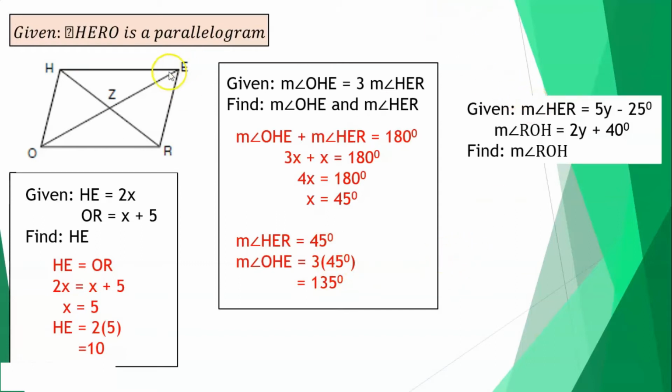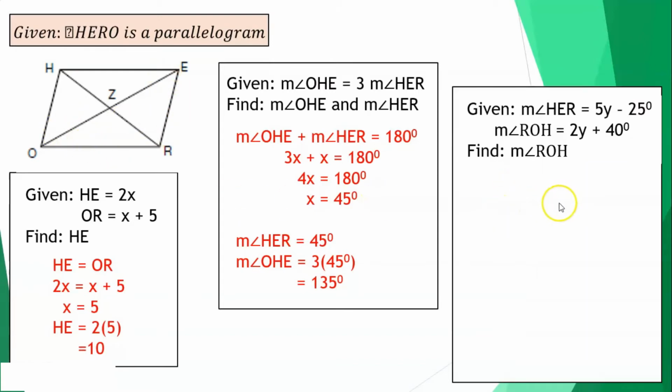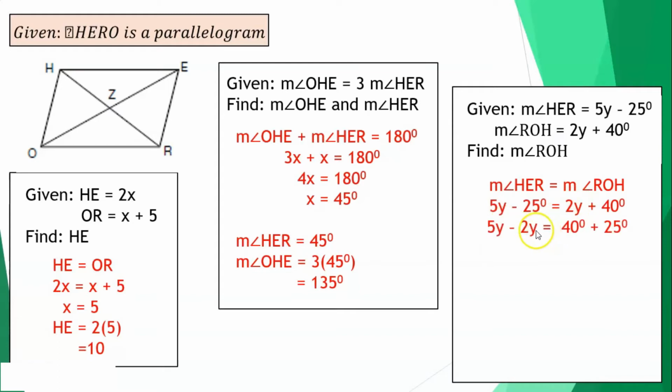Okay, another. If the measure of angle HER is 5y minus 25, ROH is 2y plus 40. What's the measure of angle ROH? So take note, HER and ROH, they are considered as opposite angles. So therefore, they are congruent. So with this, we can substitute, transfer 2y to the other side.